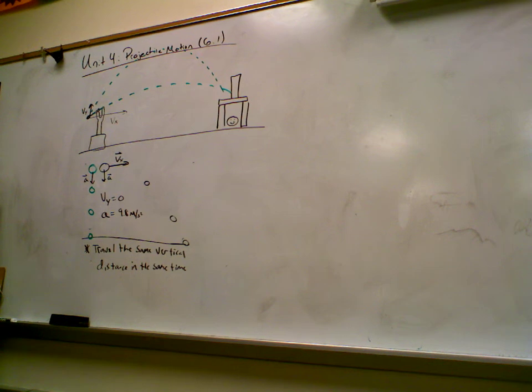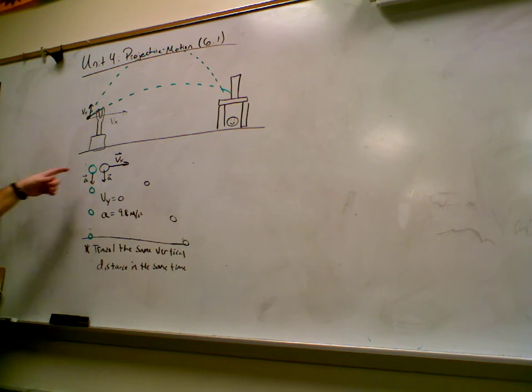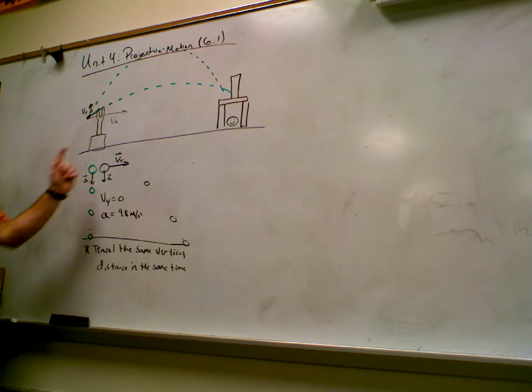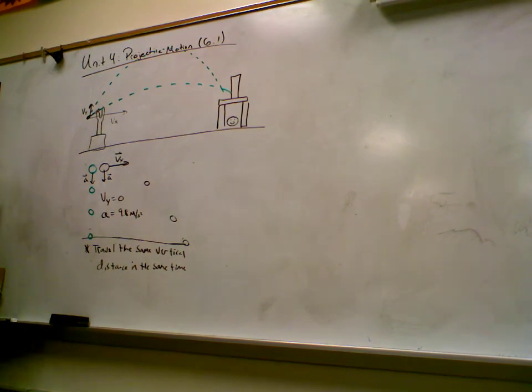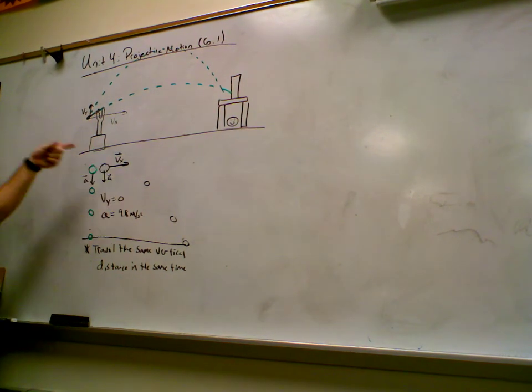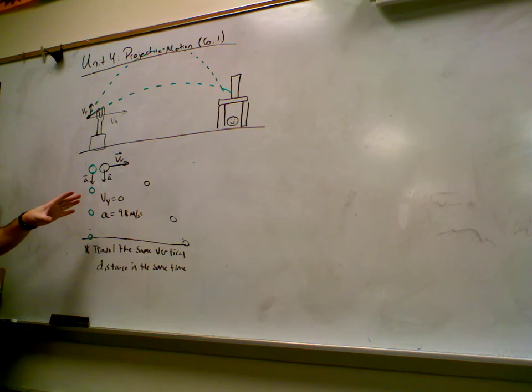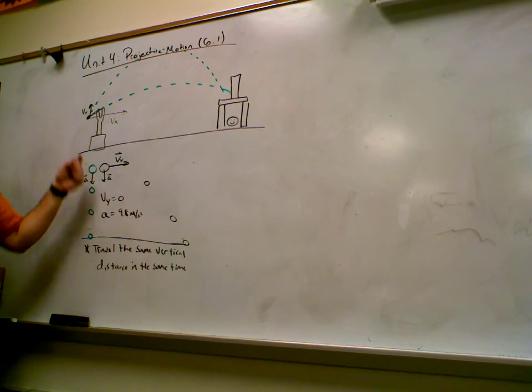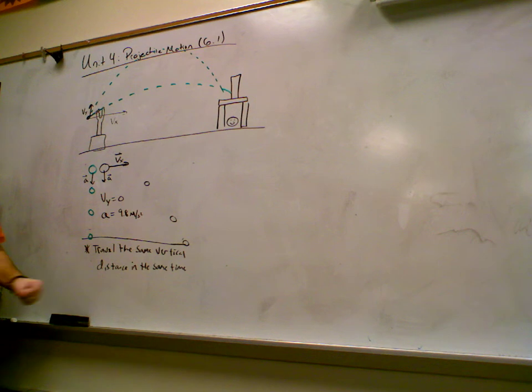All right. So the drop ball and the shot ball will hit the ground at the same time. The reason being is this x component of velocity has no effect on the y component of velocity. Let me say that again.